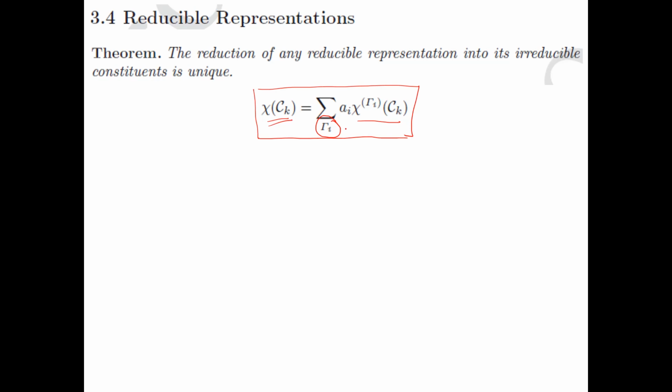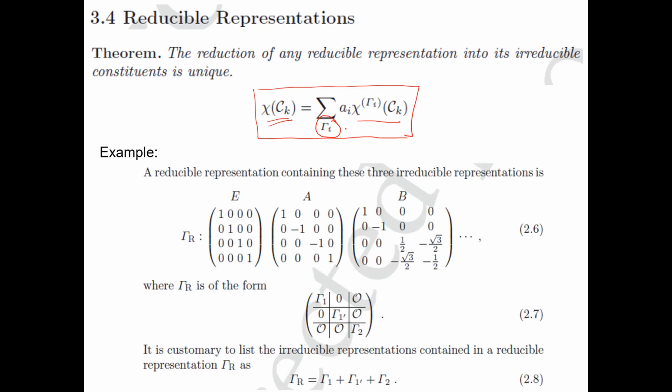And it's easy to see this as an example. I'm going to show you in a more formal way, but before that, let us just see that as an example using the reducible representation that we discussed last time for the group P3. As we discussed, we have three irreducible representations: gamma 1, gamma 1 prime, gamma 2, right?